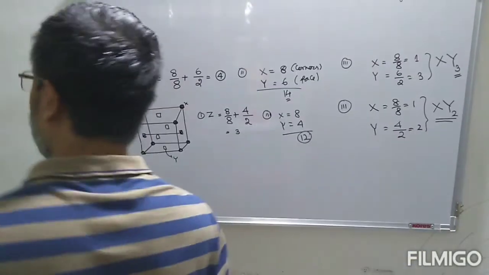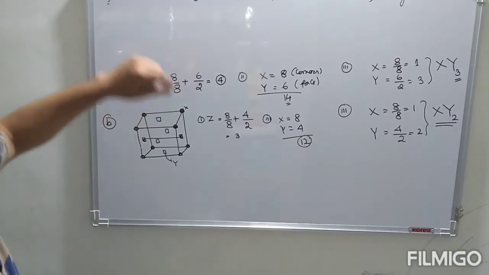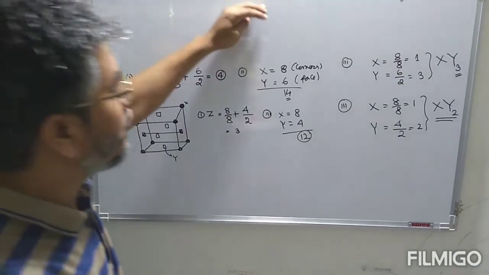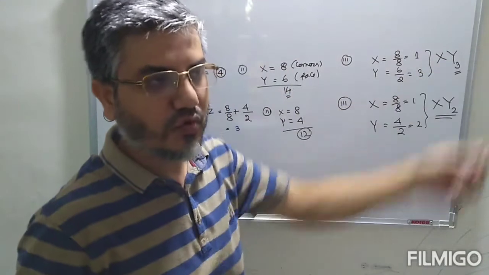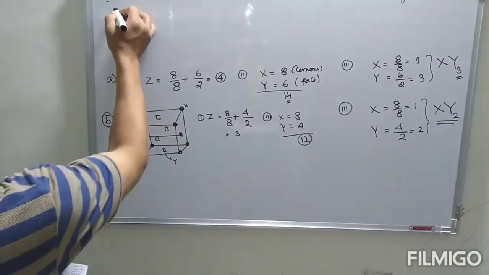So we have a compound in cubic form in which X occupies the corners and there are two Y atoms at each body diagonal.